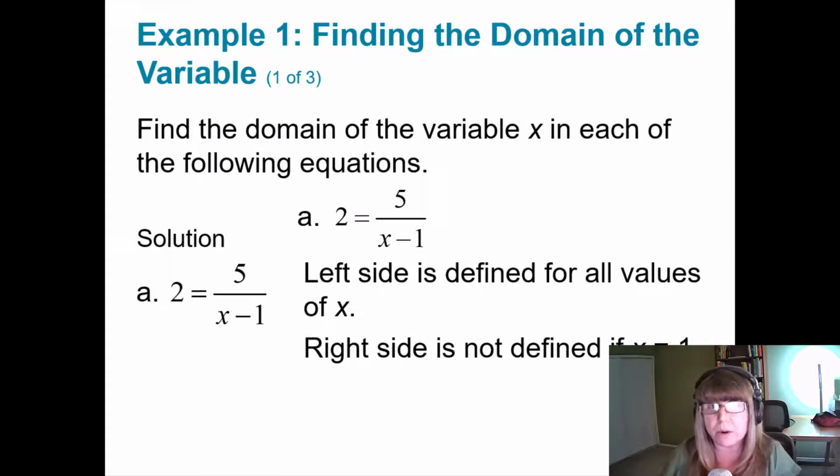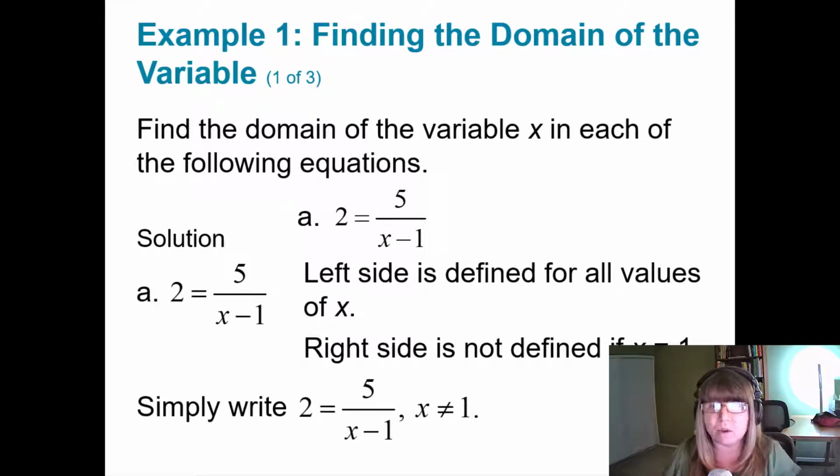That equals 0. So the problem value is when x equals 1. And therefore, our domain is everything but when x equals 1. One way of simply writing it, we just say, here's our equation, 2 equals 5 over x minus 1, as long as x does not equal 1.